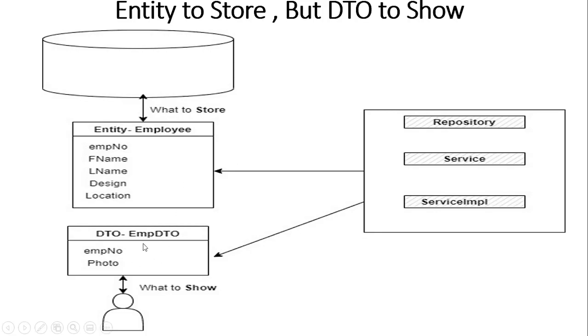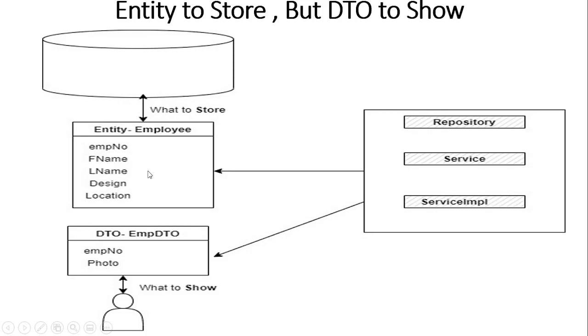Here I am showing you one class which is called EMP-DTO. That is the DTO name I have mentioned. The name of the class should be like this, with DTO as the suffix. Here I have EMPNO and photo.